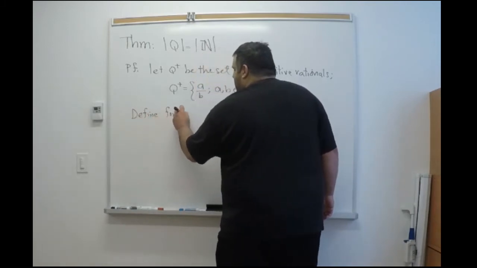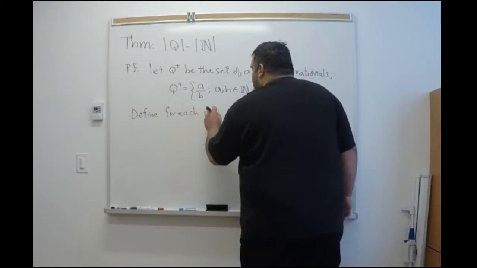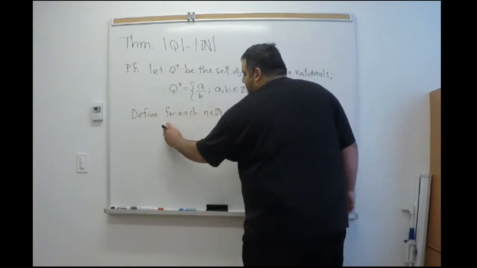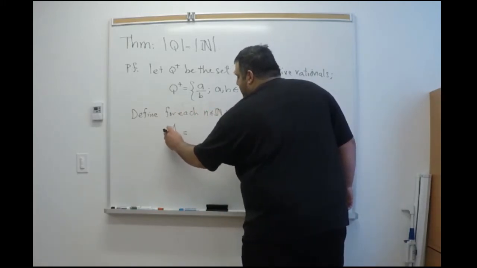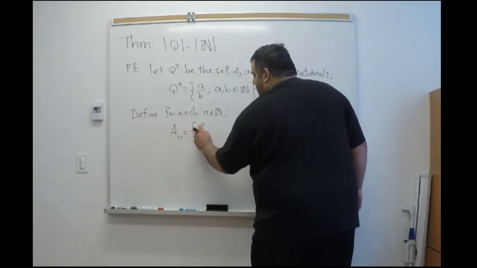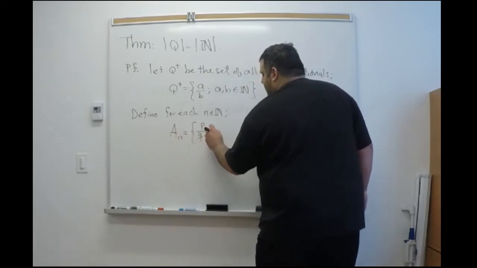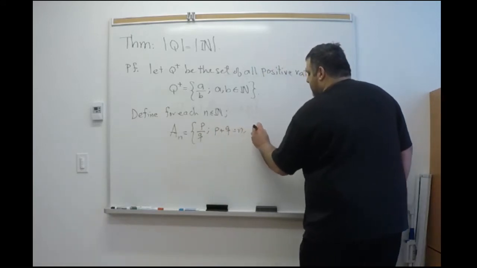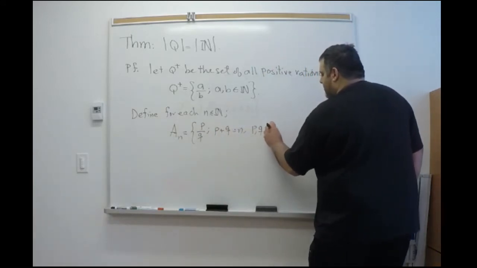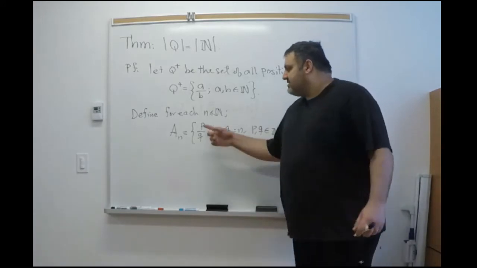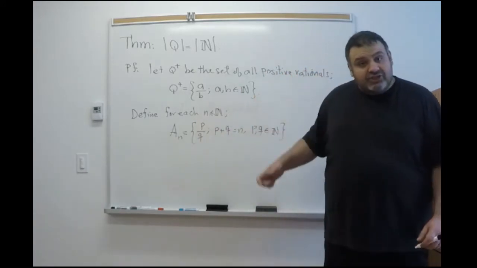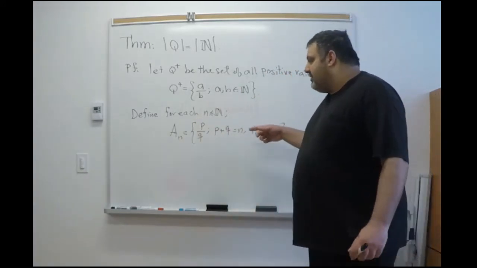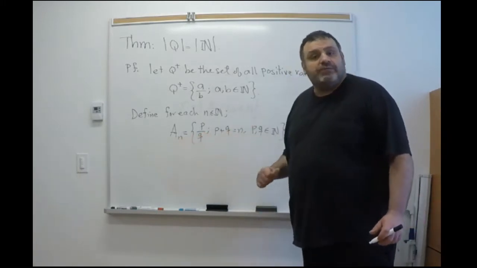for each n in the natural numbers the following set. Now I'll explain this set in more detail in a second. So A subscript n is the set of positive rationals where the numerator plus the denominator equals the subscript you've picked.